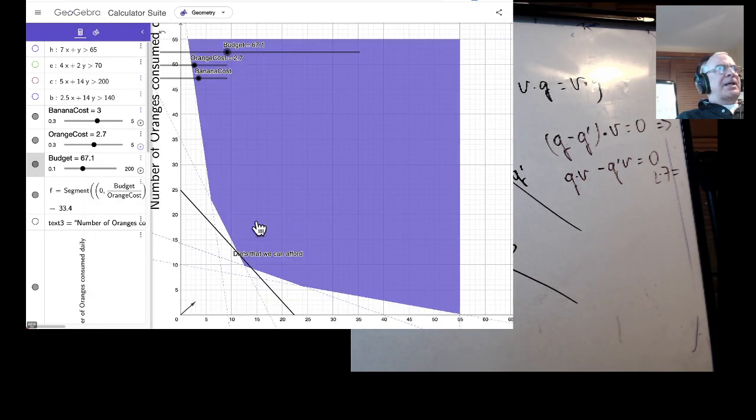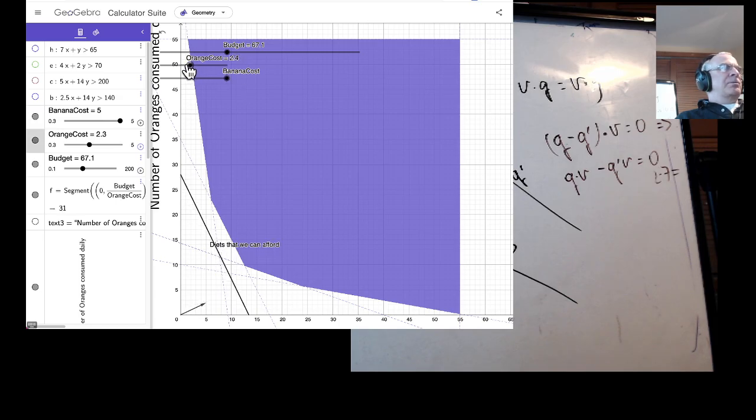It's the last point that I hit inside this region. This is the extreme point, the cheapest one, if the costs are what's written right here. If the cost of a banana were much cheaper, then my best diet would be right here.